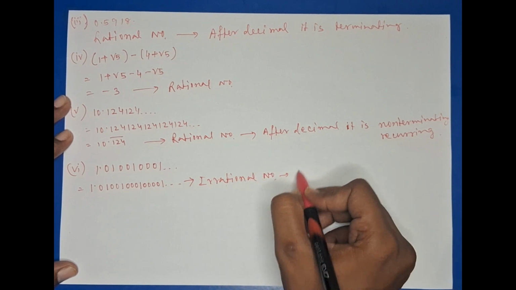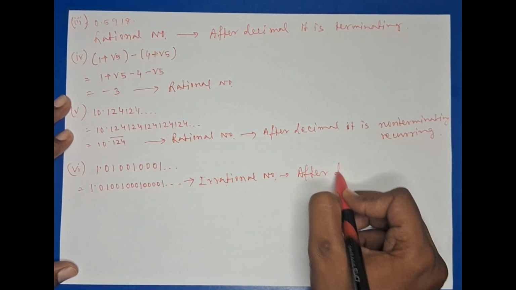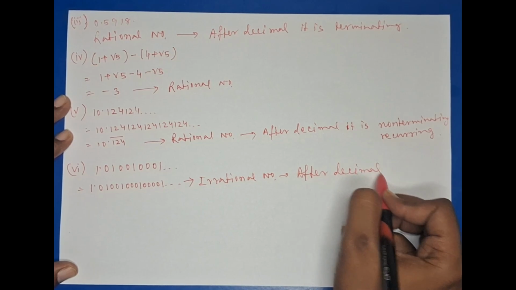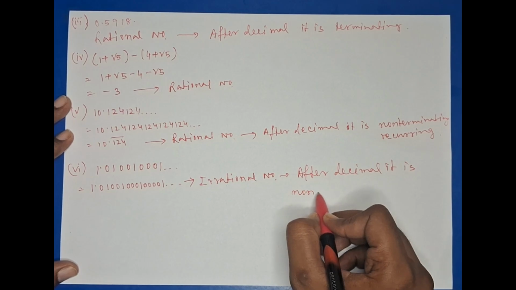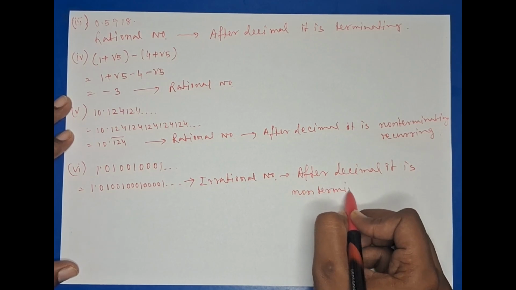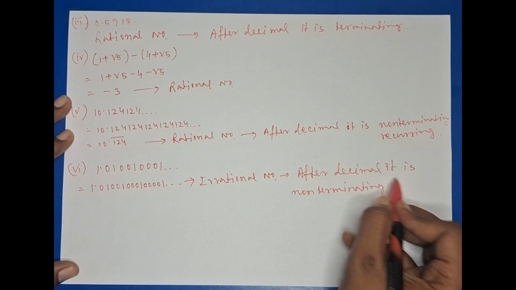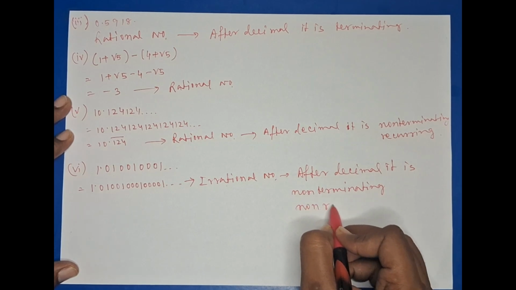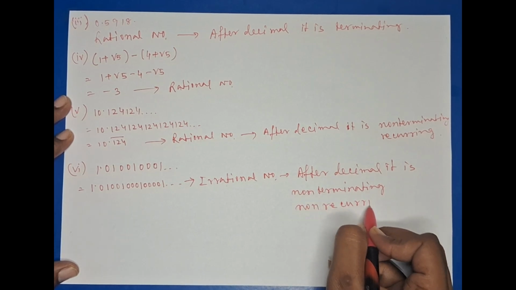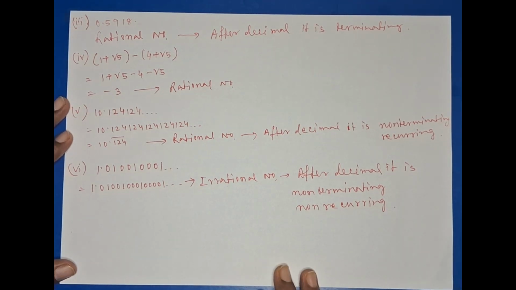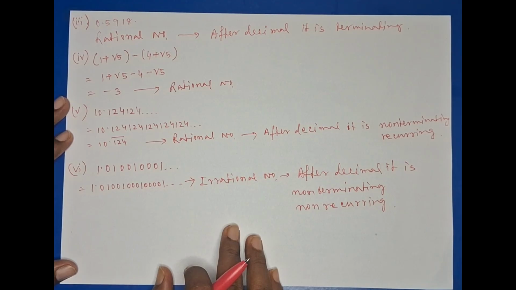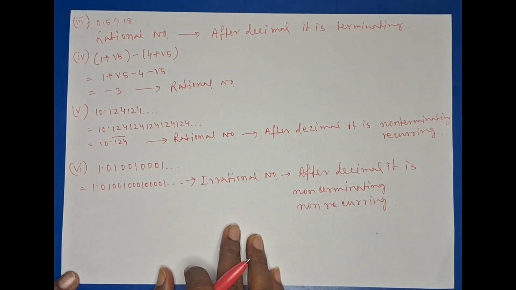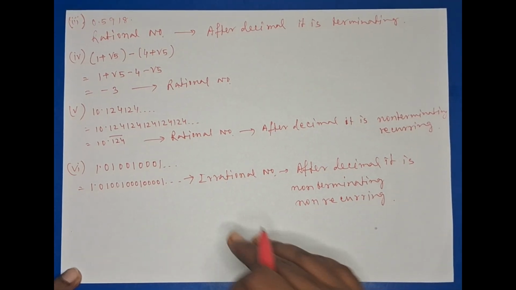Why? Because after the decimal it is non-terminating and non-recurring. If you don't understand it, please listen to the last two lectures again, you will understand it. Okay.